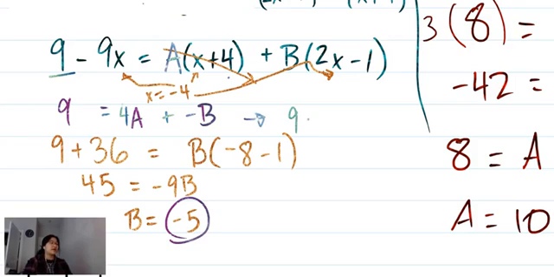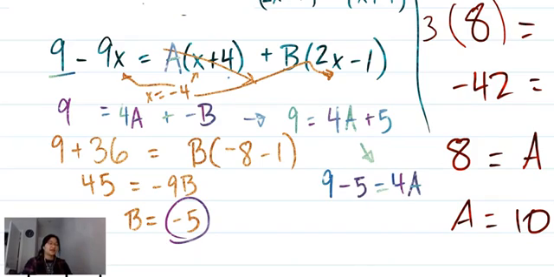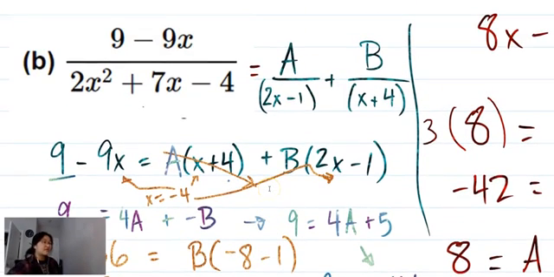So we get 9 equals 4A plus 5. So then 9 minus 5 is 4A. 4 equals 4A, and A equals 1. So we have A is 1 and B is negative 5. And boom, there you go, a partial fraction decomposition for this rather extensive rational expression.